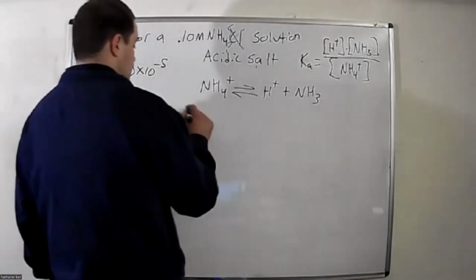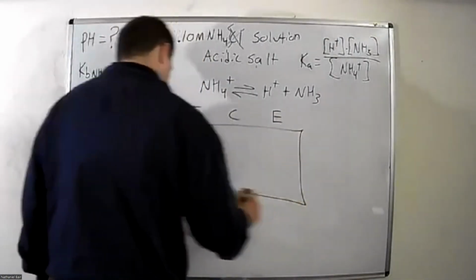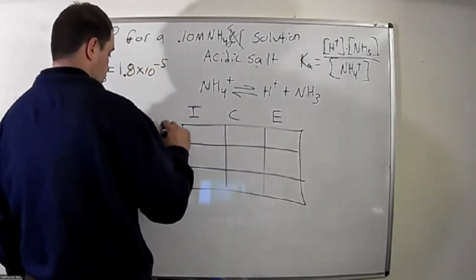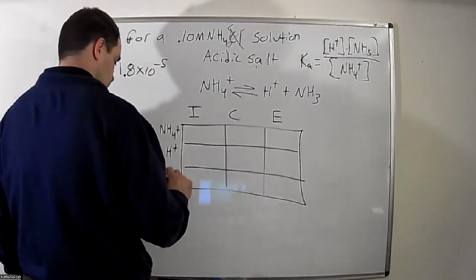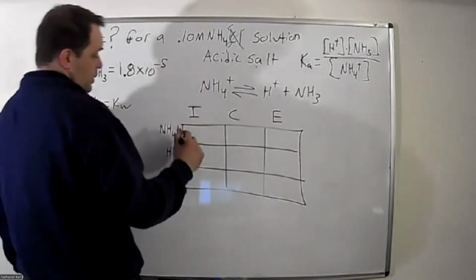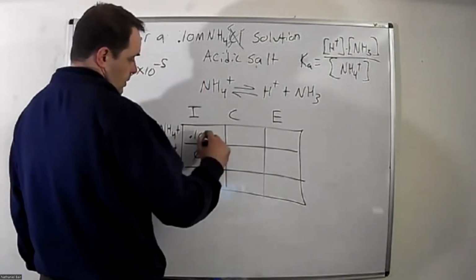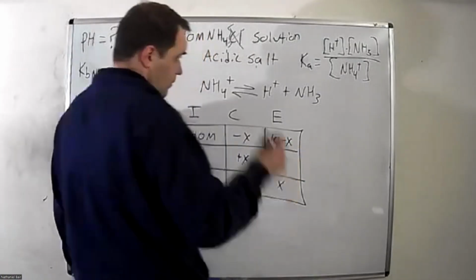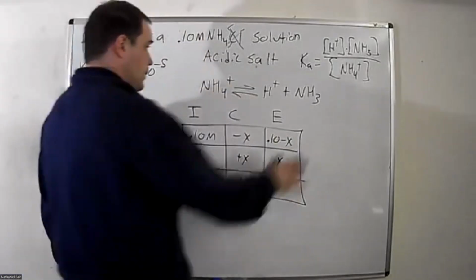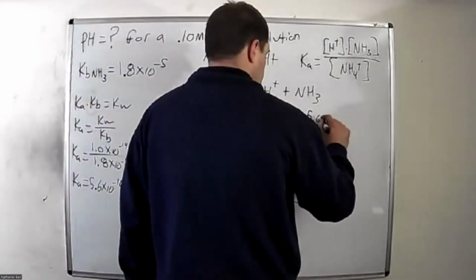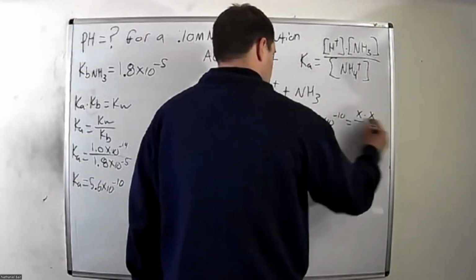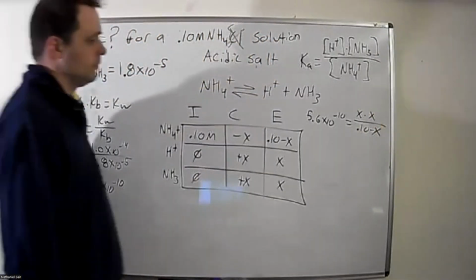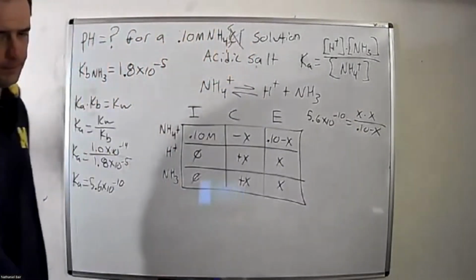So now we can make an ICE table. Our initial concentration is 0.1 molar NH4 plus, and no H plus or NH3. The change is minus X, plus X and plus X. Now we're going to plug that in there. 5.6 times 10 to the negative 10th equals X times X over 0.10 minus X. I'll give you a second to catch up.